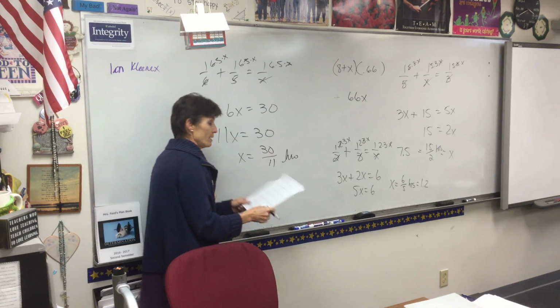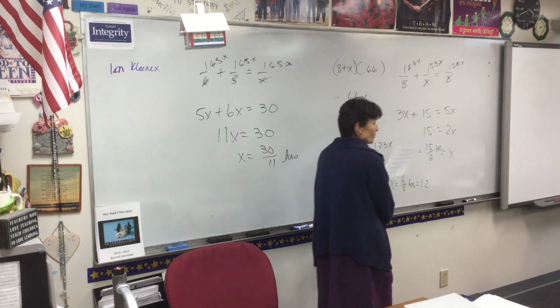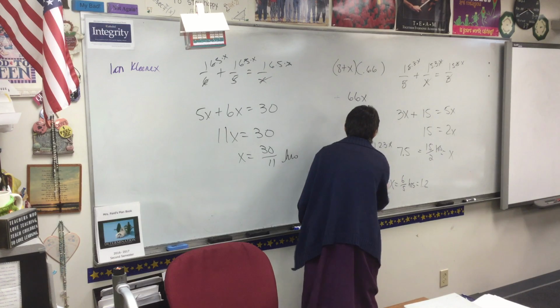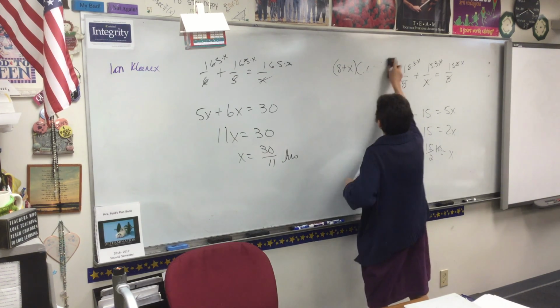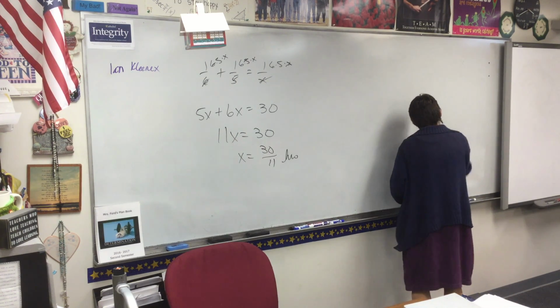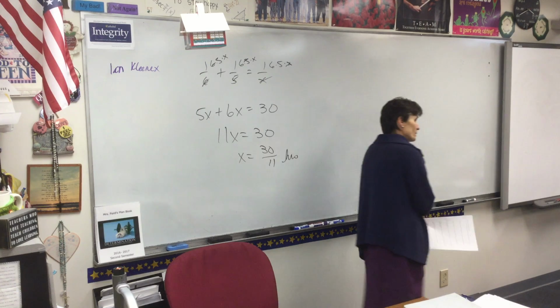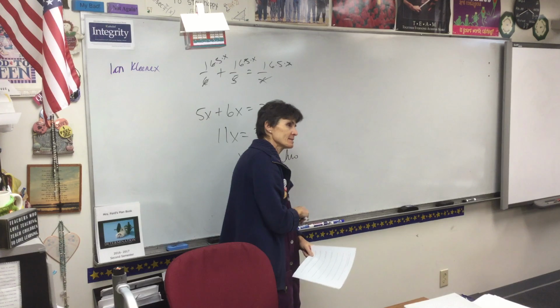Now the tricky one, and it's not really tricky, it's just different, is number 7. Did you notice that? We've never really done one like this. Does anyone have an idea? Because we've actually done a whole bunch like it, but this one is not quite exactly the same.